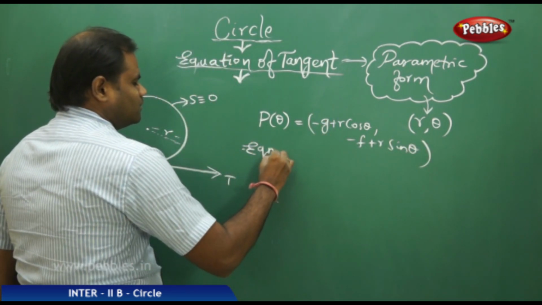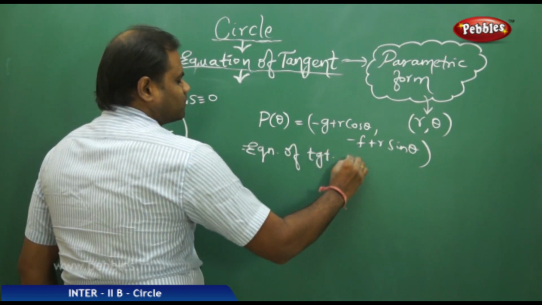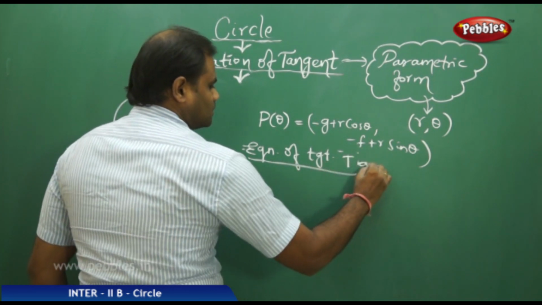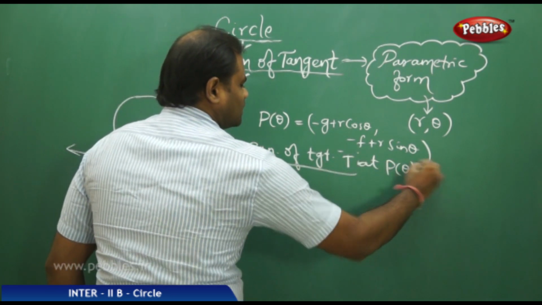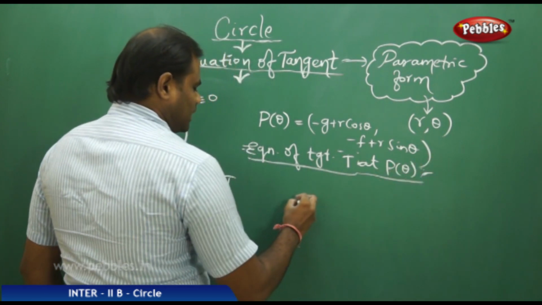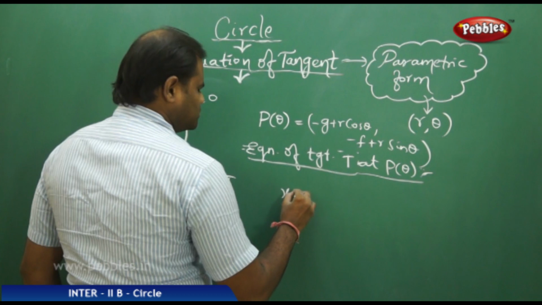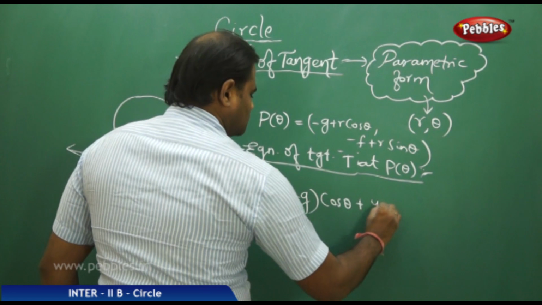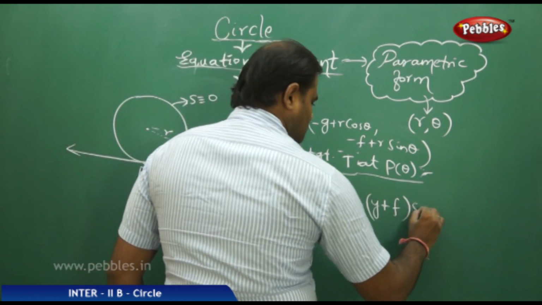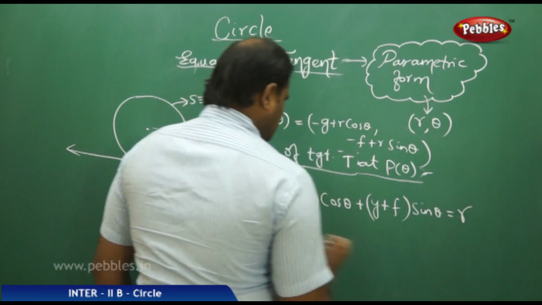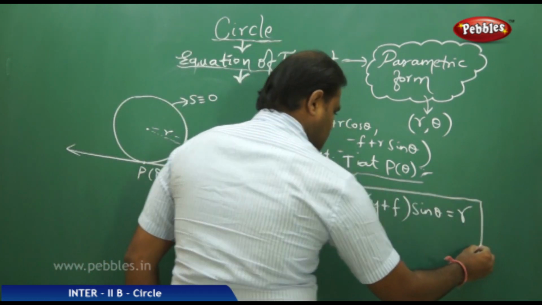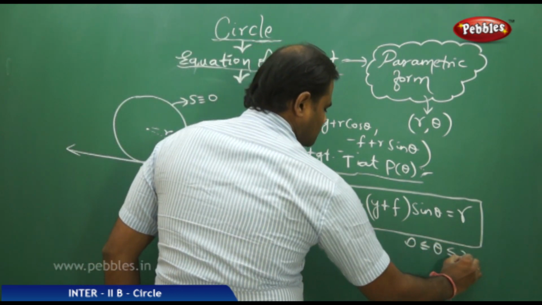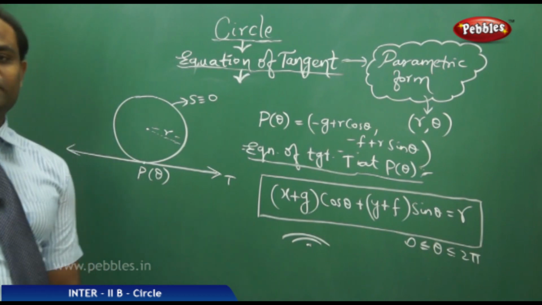Therefore, with this point, the equation of tangent T at P theta is given by x plus g times cos theta plus y plus f times sine theta equals r, where r is the radius and theta is between 0 and 2 pi.